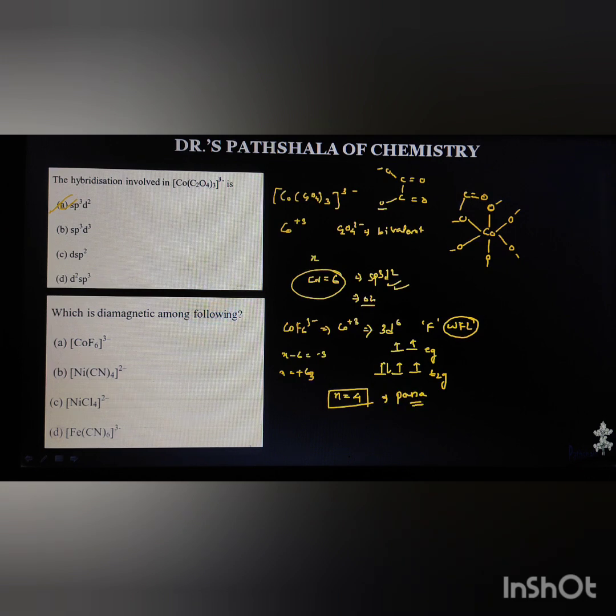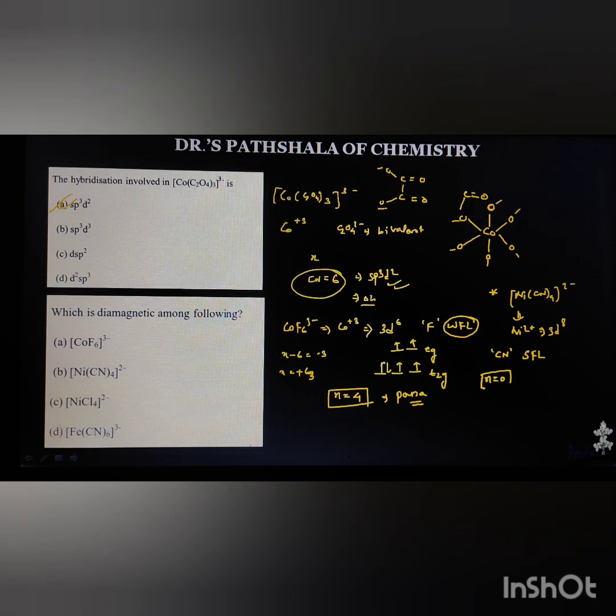Similarly, in case of [Ni(CN)4] 2 minus, Ni is in the +2 oxidation state, that is 3d8 electrons. But due to the presence of cyanide, which is a strong field ligand, pairing of electrons takes place, so the number of unpaired electrons n is equal to 0.